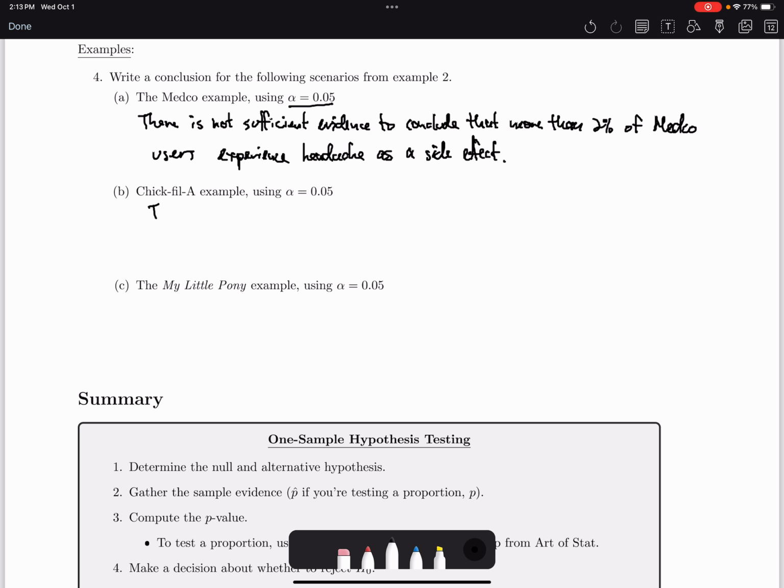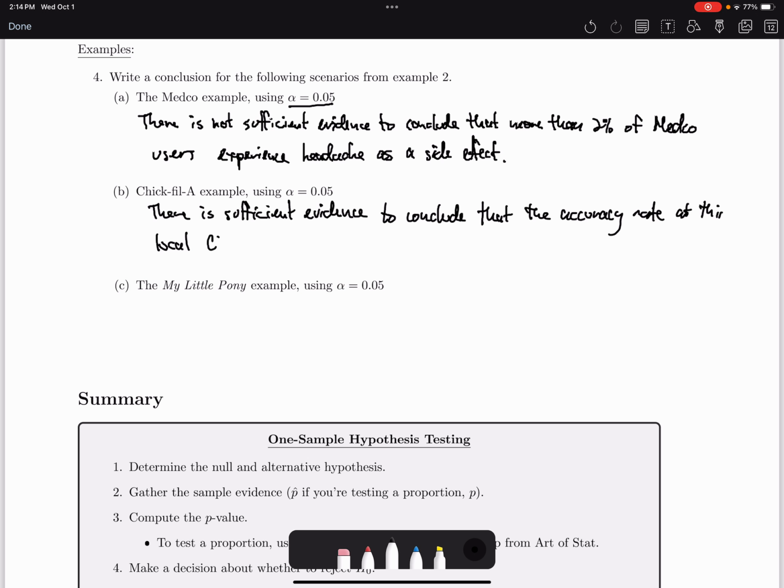Okay, so there is sufficient evidence to conclude that the accuracy rate at this local Chick-fil-A is different from the national accuracy rate.